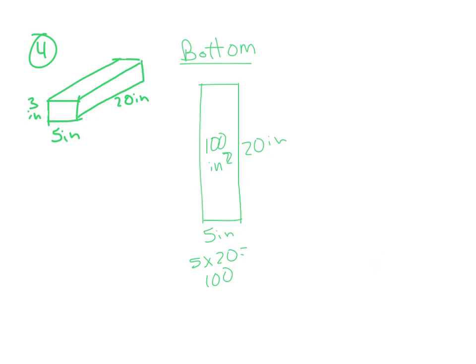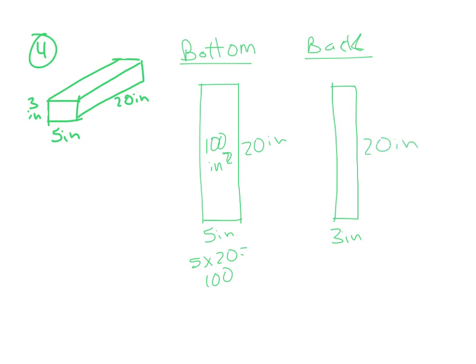Let's go ahead and draw the back face. The back face is also a rectangle, so let's draw ourselves a rectangle, just like that. Now the width of the back face is going to be 3 inches, and the length is going to be 20 inches.